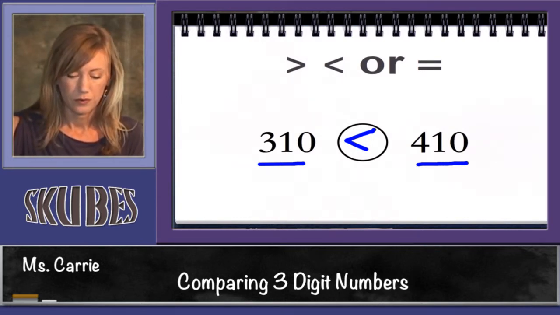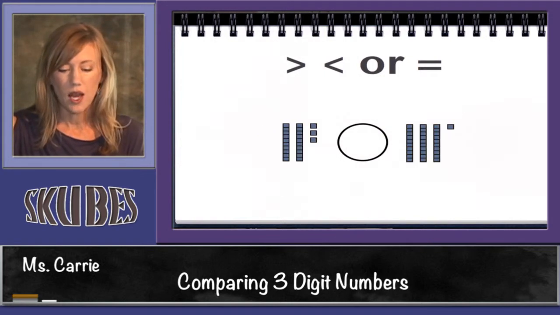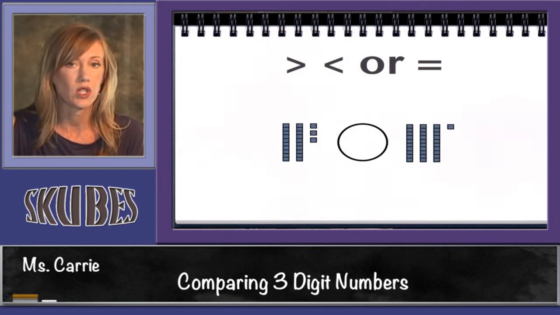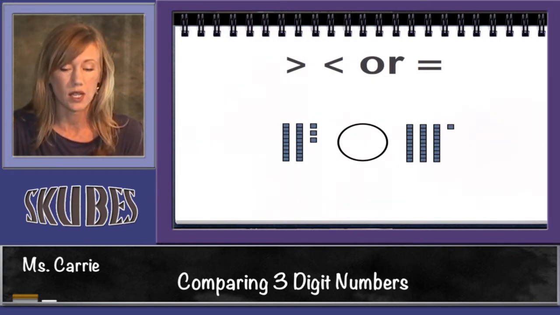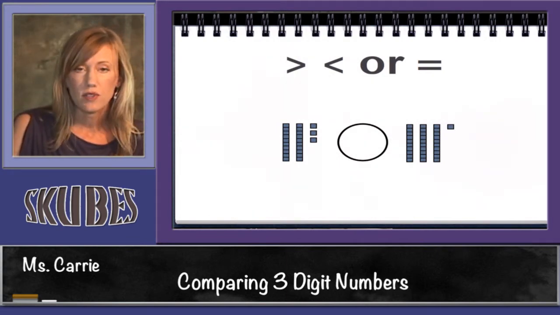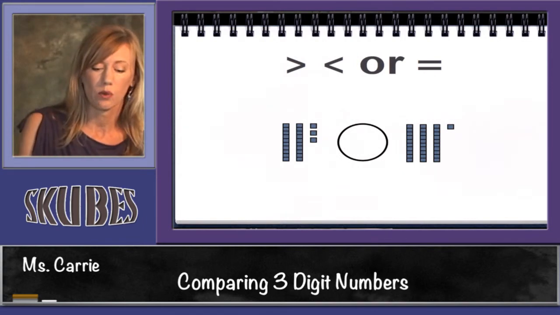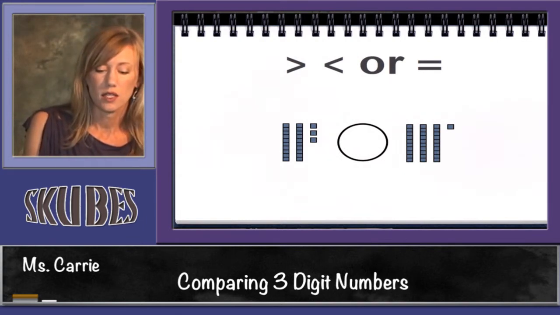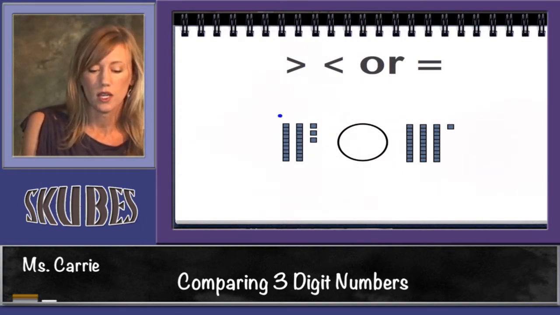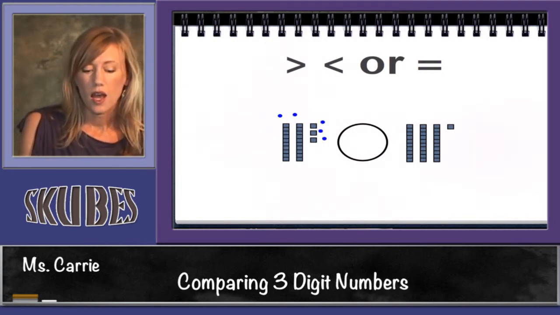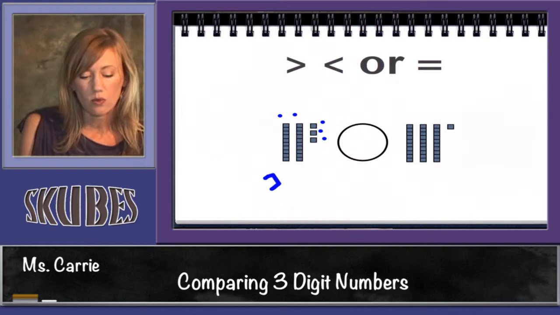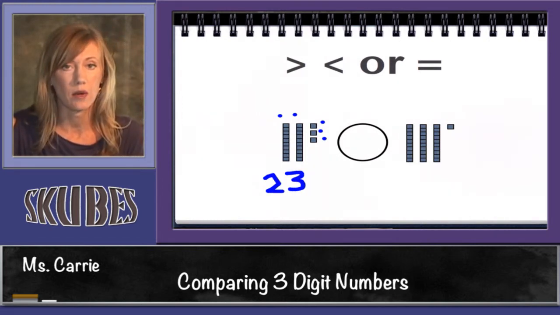Now sometimes we'll have pictures. You do it the same way. You just find out how much is the picture worth before we decide the symbol. Here we have tens and ones, so let's count up and see what we have on each side. This is 10, 20, 21, 22, 23. And I always think it's a good idea to go ahead and write the number under the picture so you don't forget how much it was.